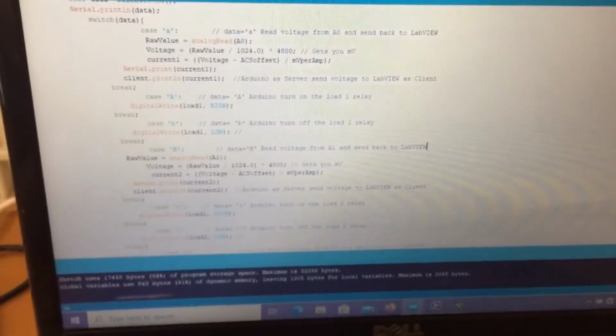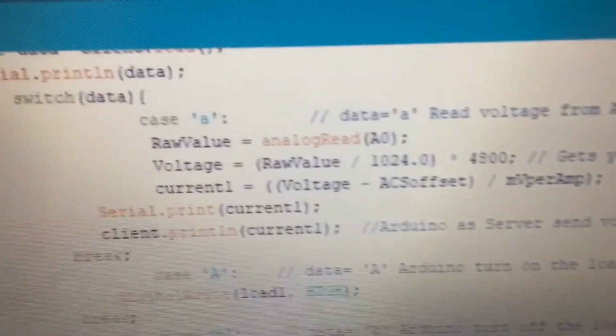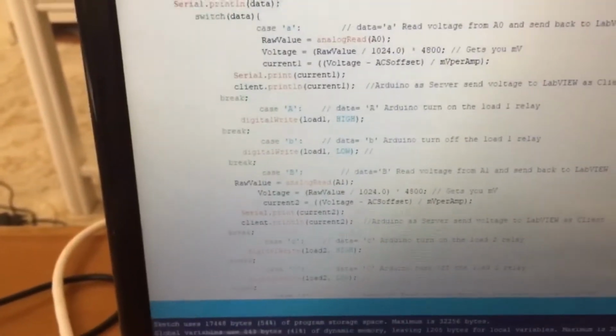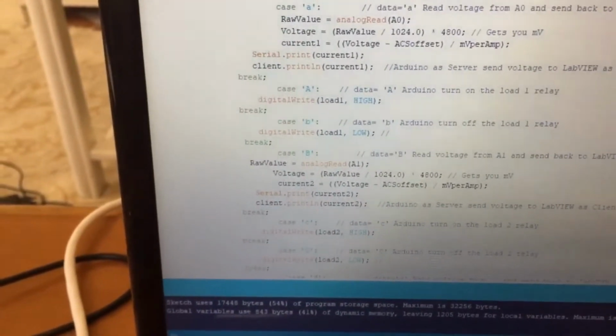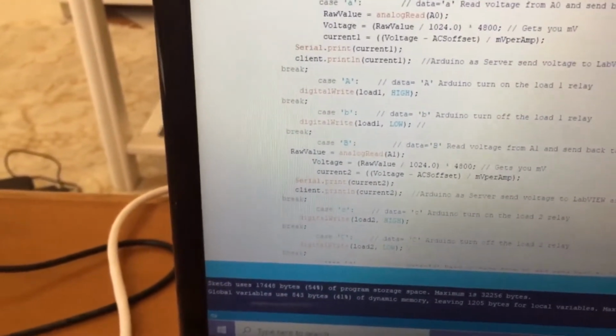In order to test the circuit, we read the algorithm and the protocol. The protocol here says if there is a small a, the Arduino will send the analog read of A0, and in case there is a capital A, the Arduino will switch the load 1 to high, and in case of small b, the Arduino will switch the load 1 to low.